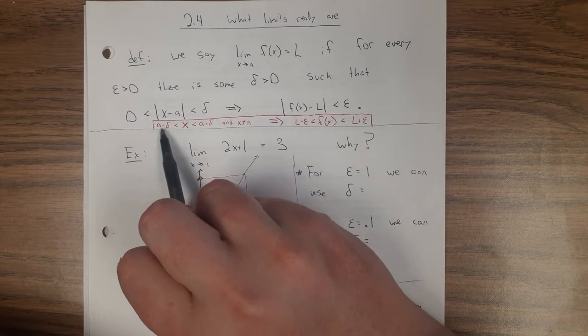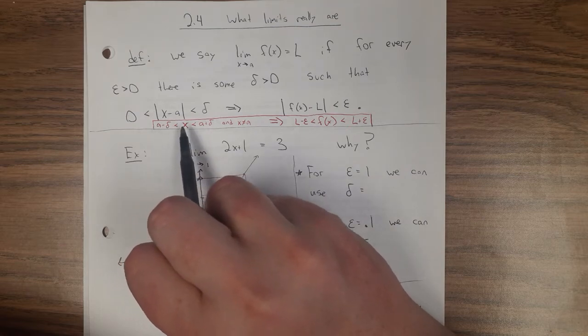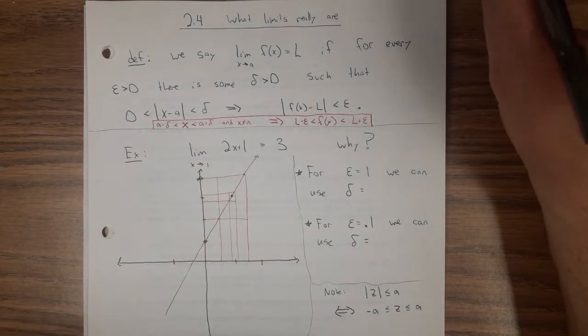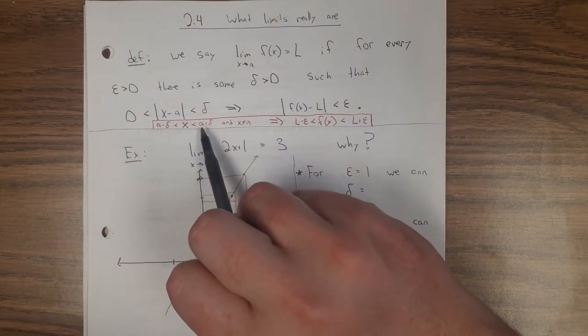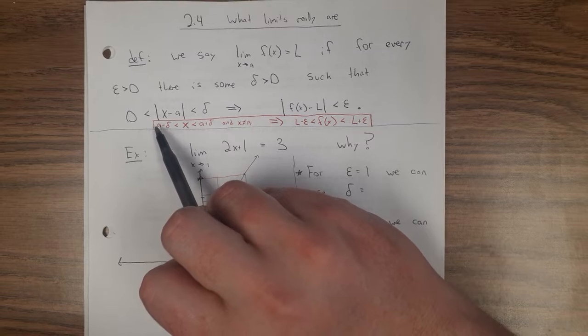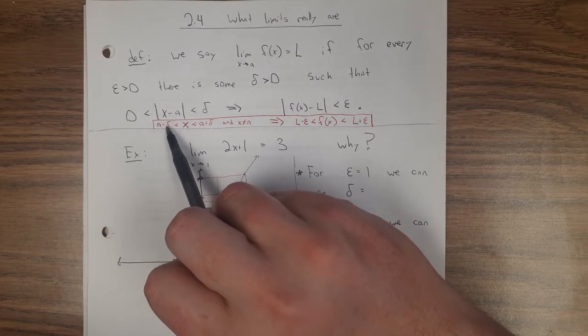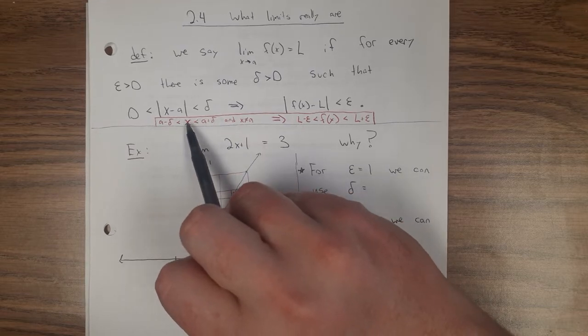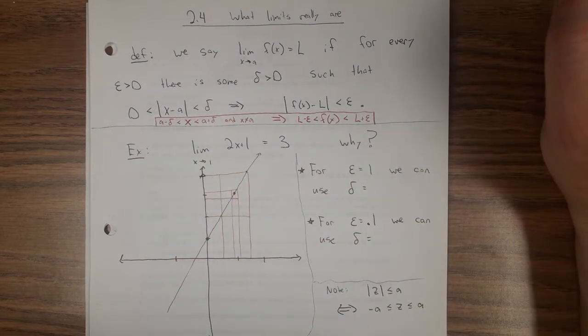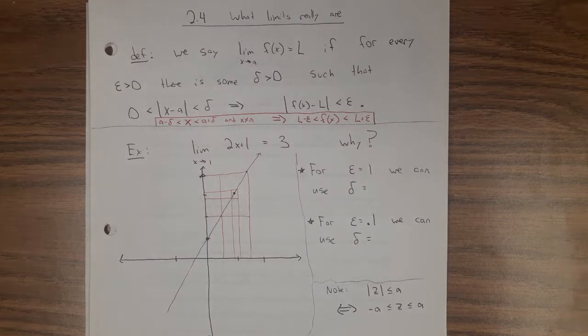Also, if x was smaller than this number, then the distance from x to a would be too much. So this is really just saying that x is in between two numbers. You can start at a and then go down by delta, or you can start at a and go up by delta, and x just has to be in between those two. It's within a distance of delta from a.